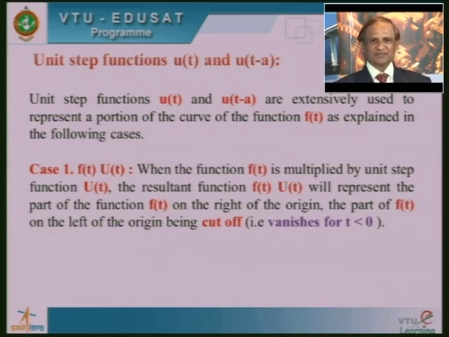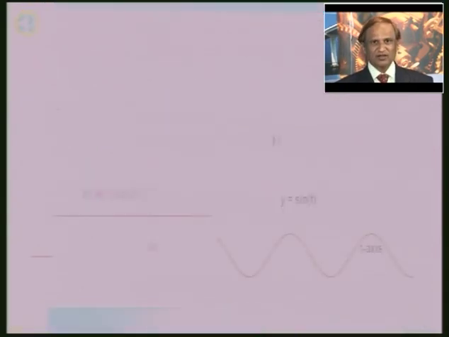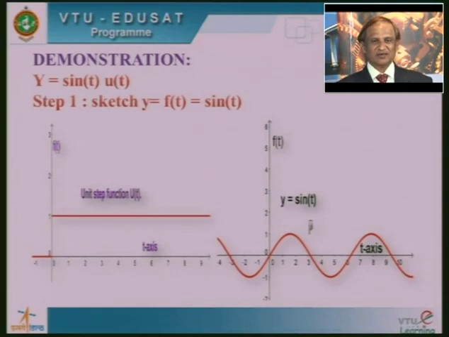When f of t is multiplied by the unit step function u of t, the resultant function f of t into u of t represents the part of f of t on the right of the origin, with the part of f of t on the left of the origin being cut off. It means it vanishes for t less than 0. When t is less than 0, the left hand side curve is not visible, only the right hand side curve is visible.